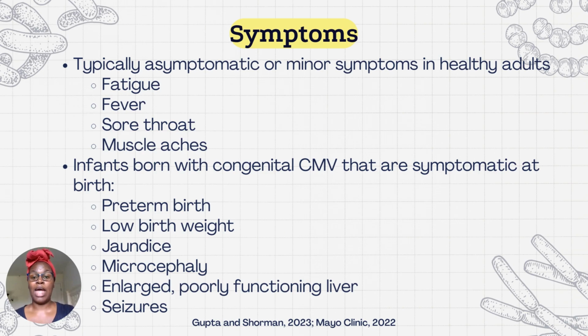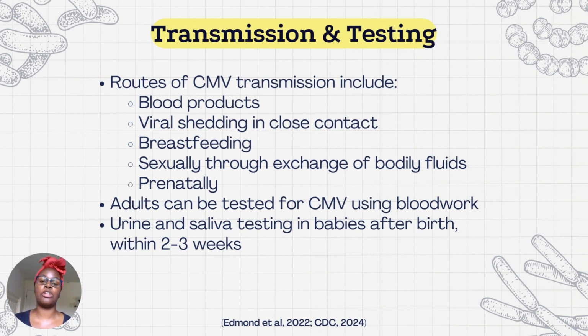They also, if they are symptomatic at birth, can have a preterm birth, low birth weight, jaundice, microcephaly, an enlarged, poorly functioning liver, and they can also experience seizures. The CDC states that about 1 in 5 babies with congenital CMV will be affected by birth defects or other long term issues.